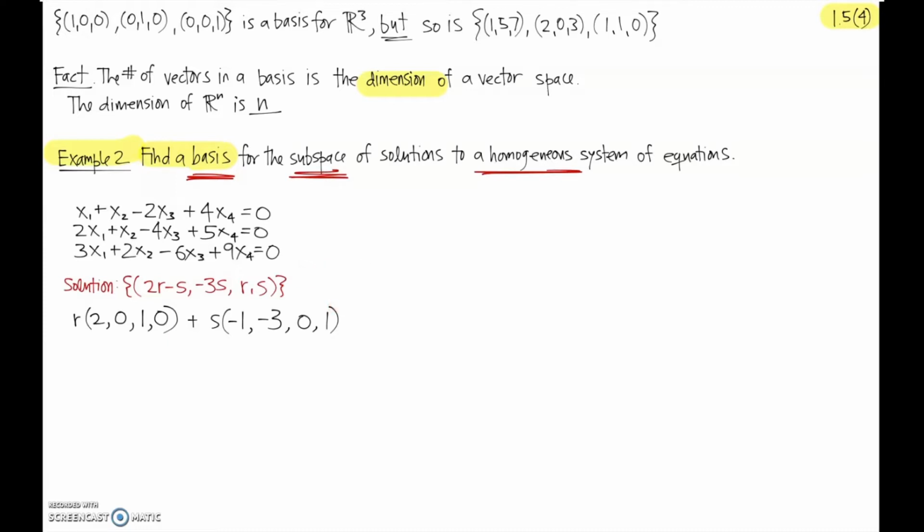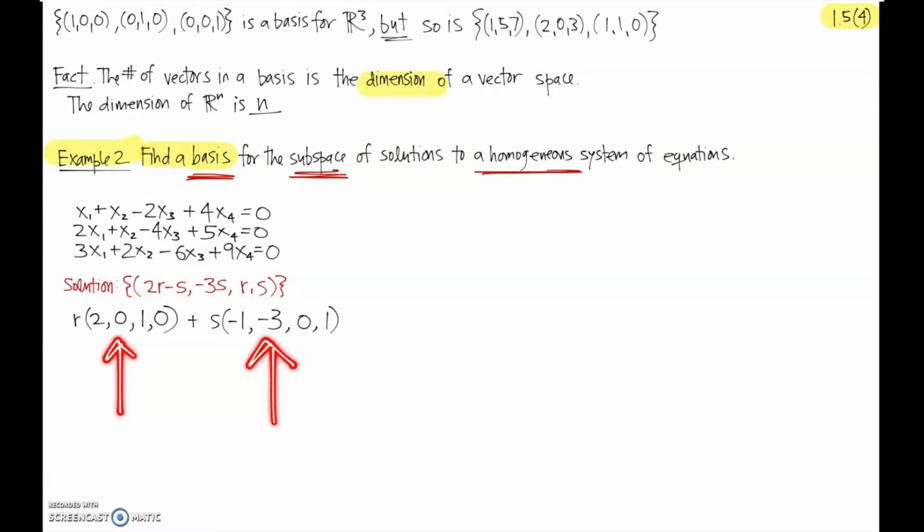We're just rewriting the solution as a linear combination of this vector and this vector. We've pulled out the parameters, and that's the key to noticing that this whole set can actually just be constructed from this vector and this vector.